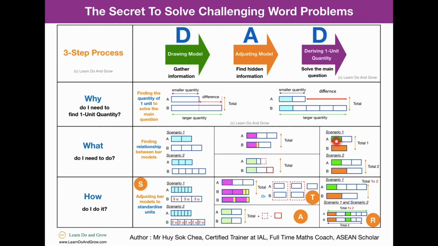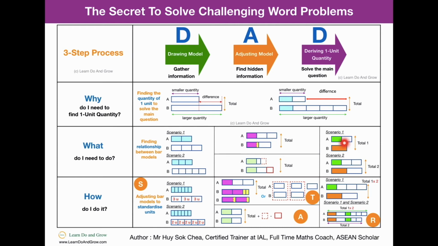We have 1 green, 2 green, 1 orange. Scenario 2, we have 3 green and 2 orange. So how do I eliminate one of it? In that case, I can make the orange over here to have the same number as the second scenario.